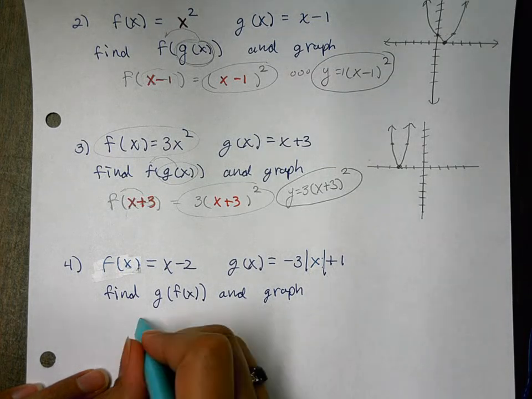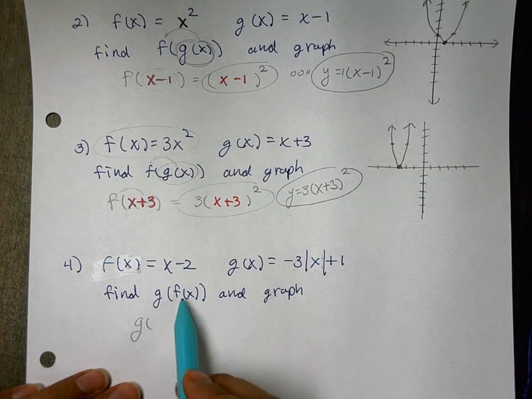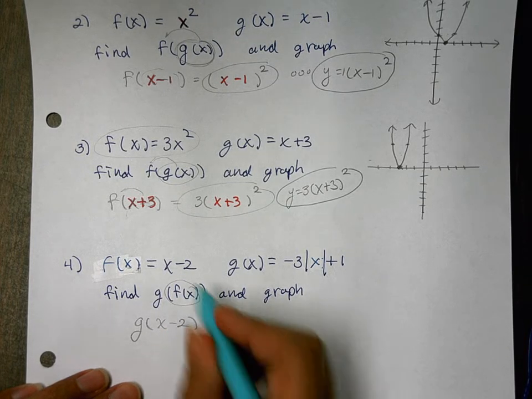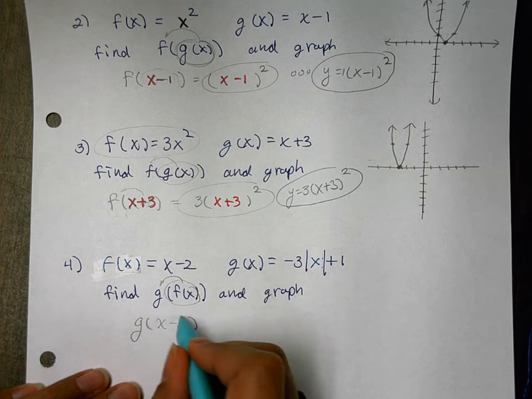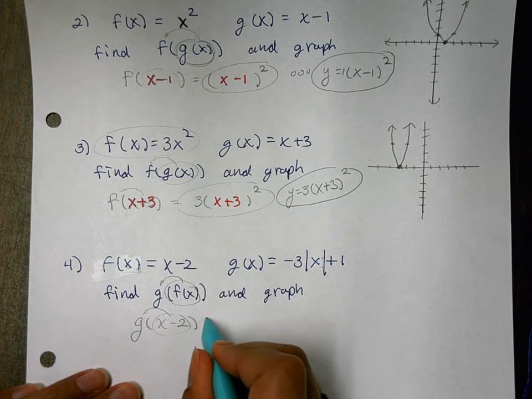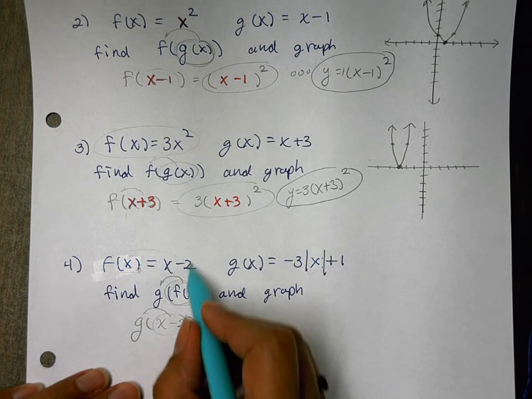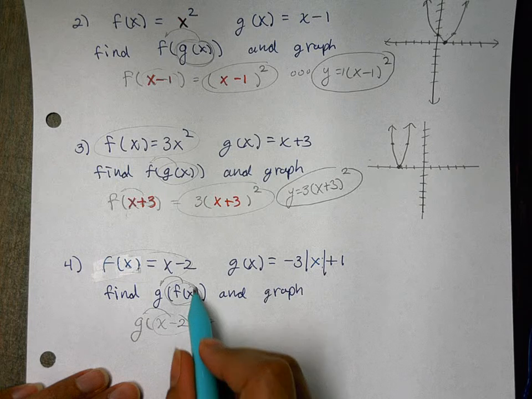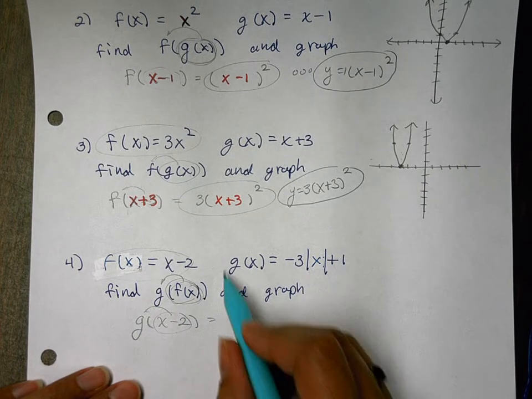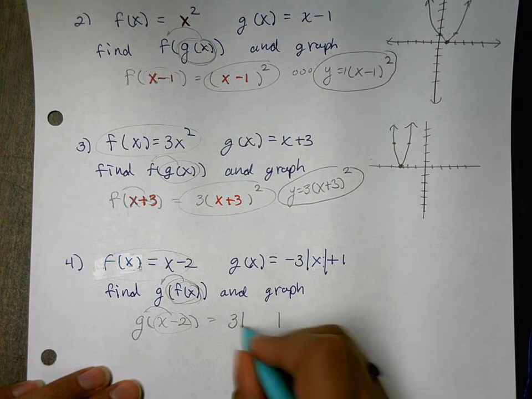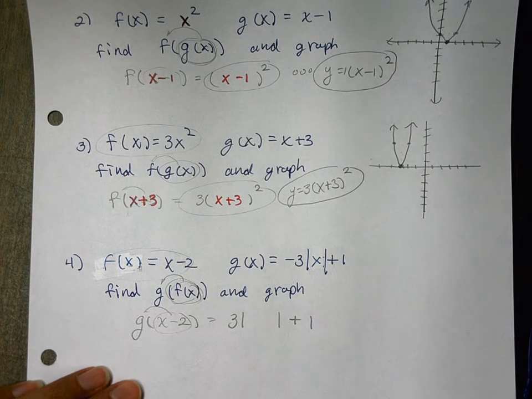Okay, so this time I'm doing g of whatever f of x is, and f of x is x minus 2. And I'm going to take it and plug it into the g function. So in the f of x spot, I put what f of x is, x minus 2. And I'm going to take that x minus 2 and plug it into my g function, which is negative 3 absolute value, I'm going to leave blank, plus 1.